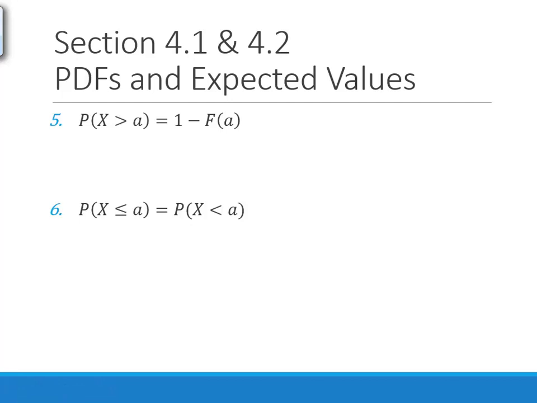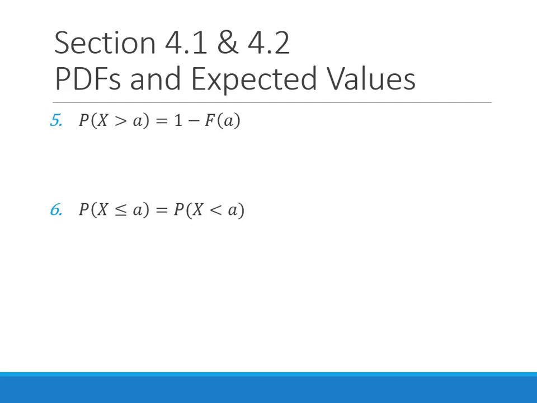But we can generalize this just a little bit. If I want to find the probability that x is strictly bigger than some value, now I can take 1 minus the CDF. We didn't write it out like that, but that's something that we could have written down for the discrete case as well.